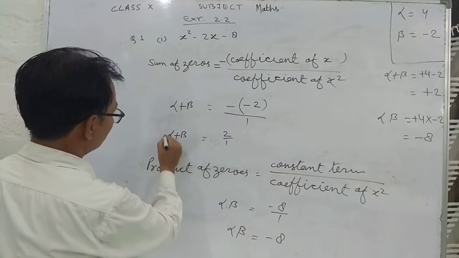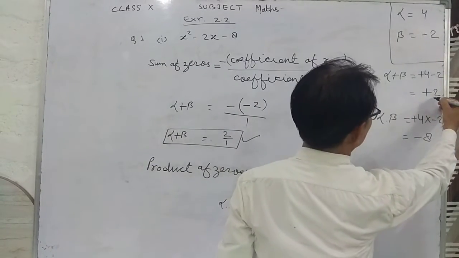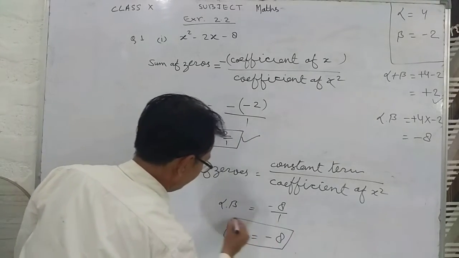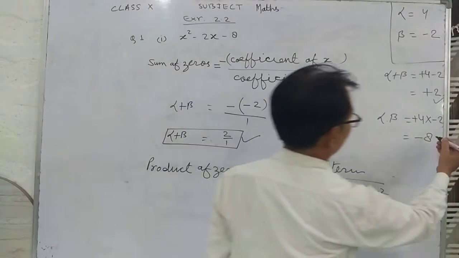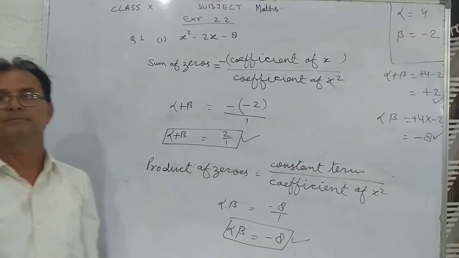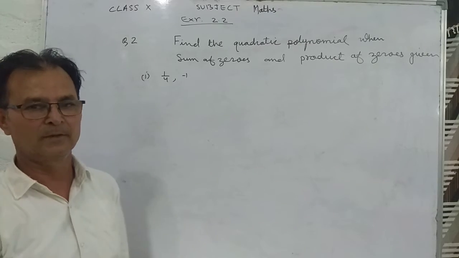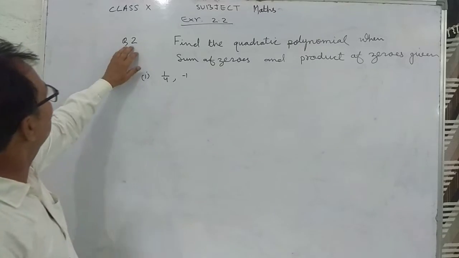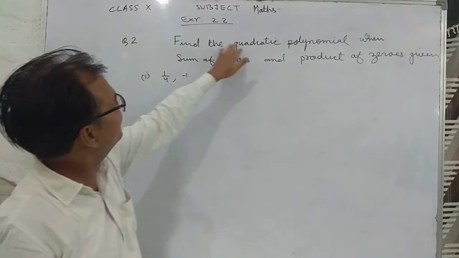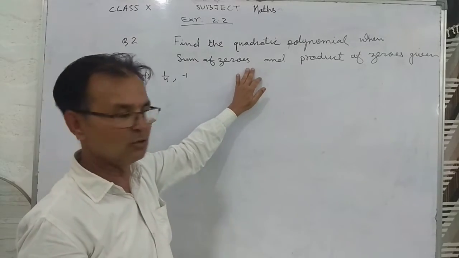Our sum of zeros we have positive 2, and product of zeros we have minus 8.